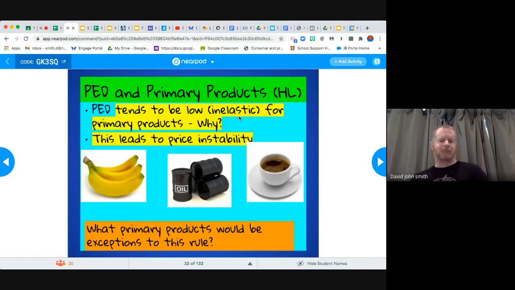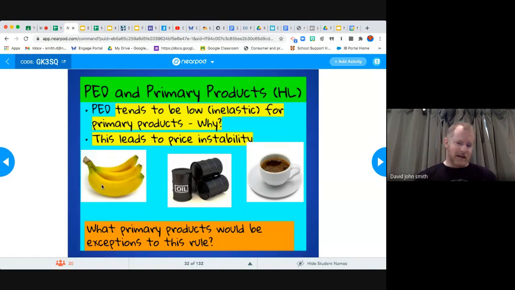When you think about the types of products we're talking about, those very agricultural-based products tend to be more necessities. They tend to be viewed by people as quite essential for their life.